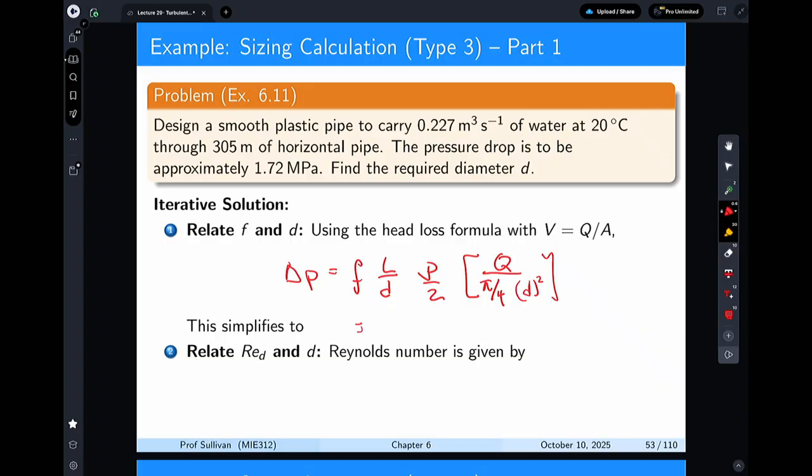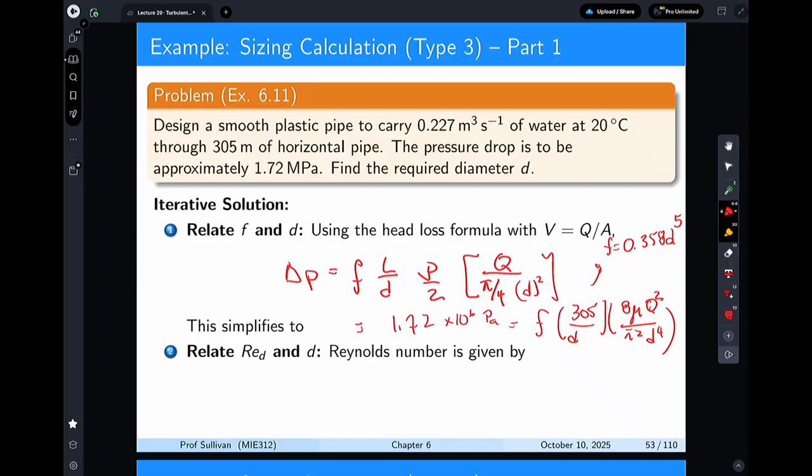And if you put in all the numbers that you do have, you end up with a relationship for F, which is what you're going to be validating against, of 0.358 d to the 5th.